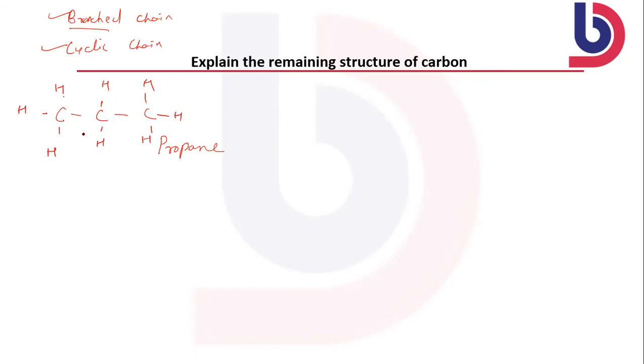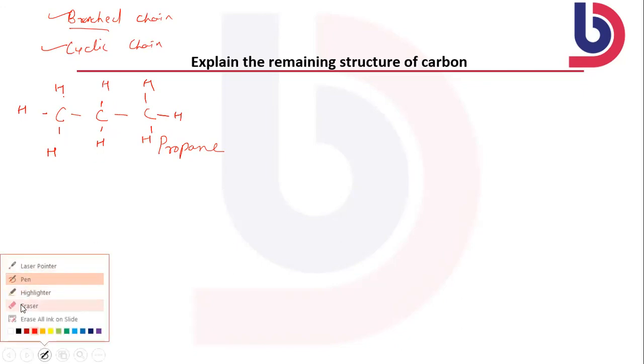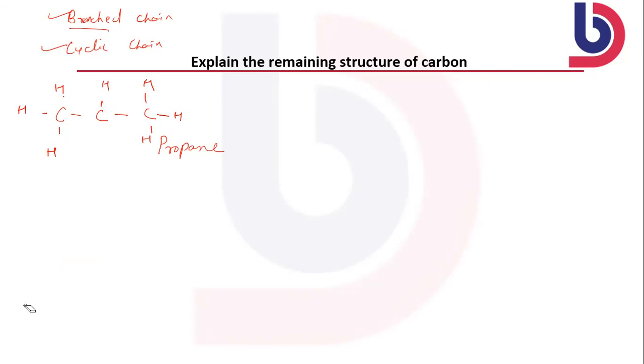Now here I want to make it branched. So what I will do, I will attach one more carbon in the place of this hydrogen because I want to branch. I am choosing the middle one. You can choose any one of them, but I am choosing the middle one.